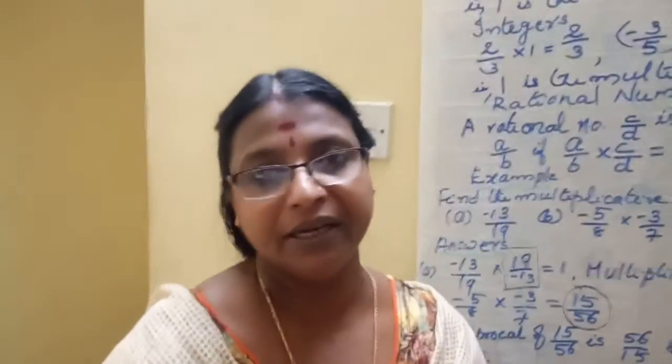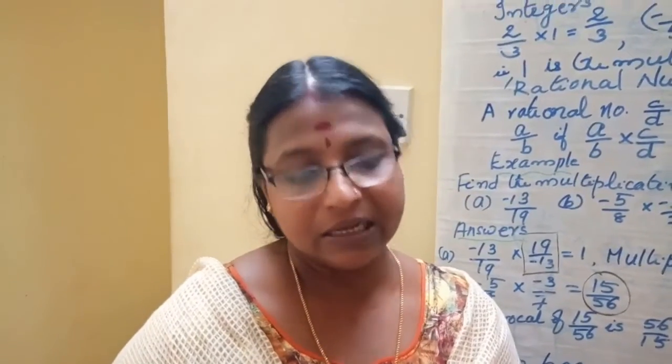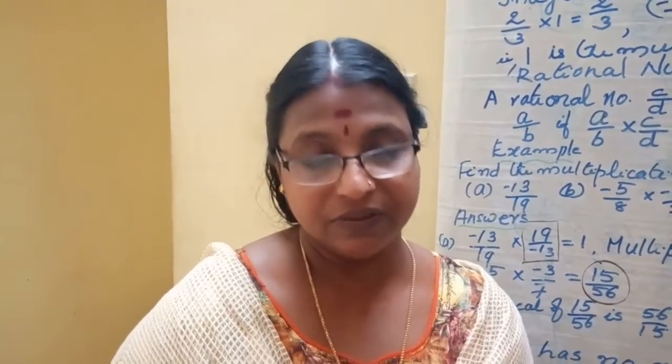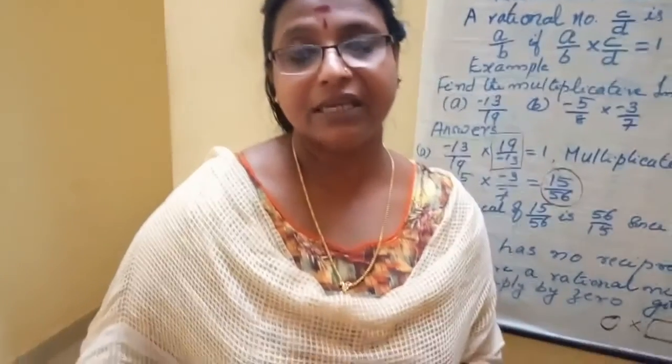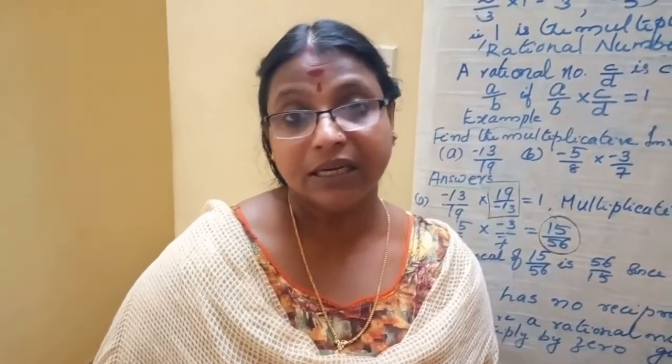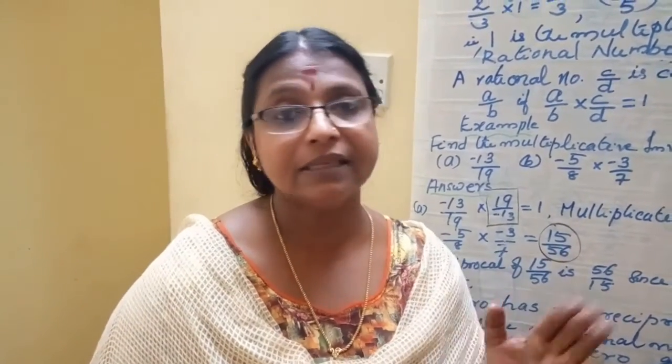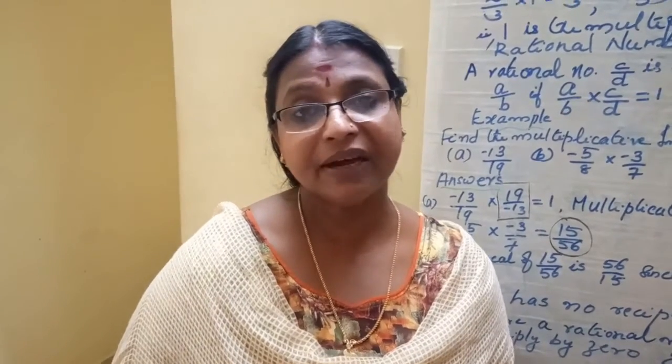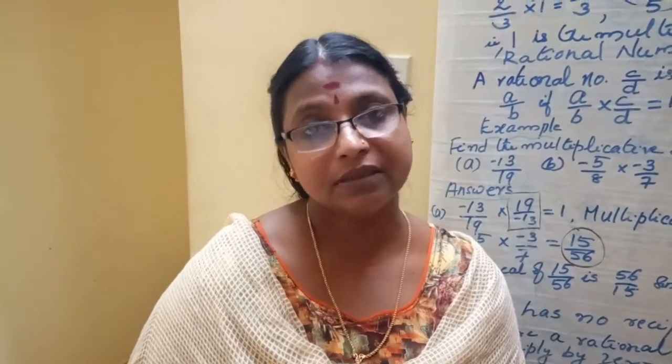Okay. Now dear children, you get the idea about what is additive identity, additive inverse, multiplicative identity and multiplicative inverse. Here you can see the additive identity for the set of all integers, for the set of all rational numbers.